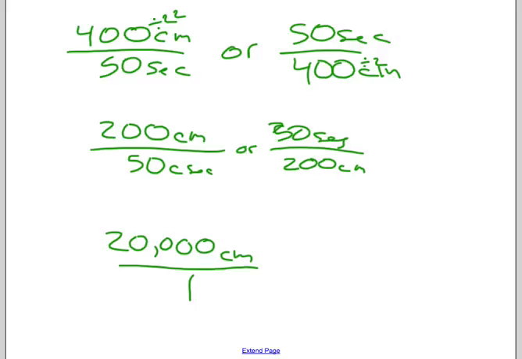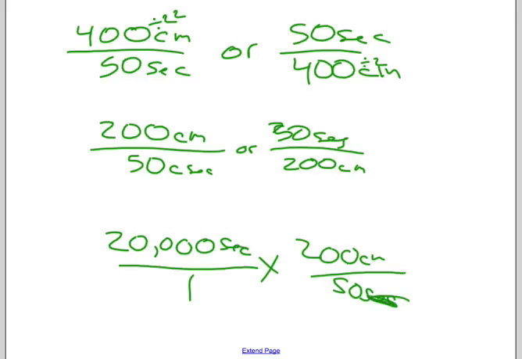Oh, I wrote the wrong thing. It's 20,000 seconds. So which one of these two do we need to use? The first one. So 200 centimeters over 50 seconds times 20,000 seconds.